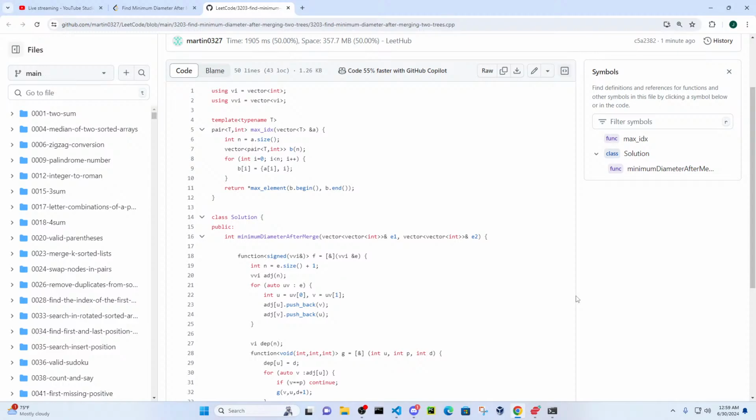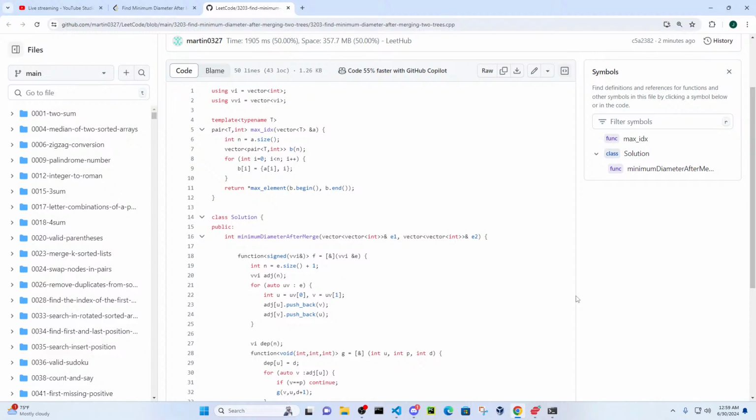Suppose you found the diameter for tree 1 and another for tree 2. Then you want to minimize the diameter of the whole tree when you connect those 2 trees, right? Where do you want to connect? If you want to minimize the total diameter, it has to be the center of the tree, right? You have to connect the two centers of each tree, and then you're done. So if the diameter of tree 1 is so big, then the diameter of tree 1 is the total diameter.